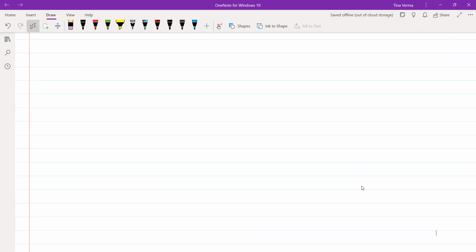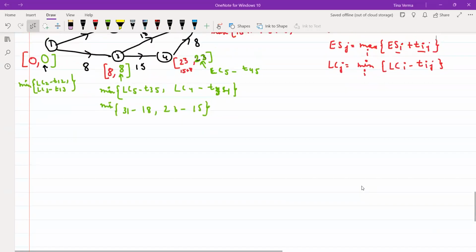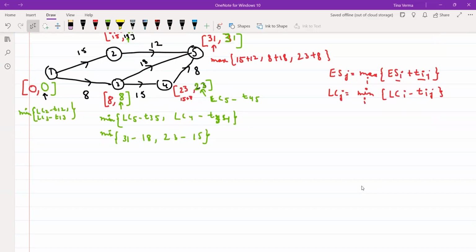That means suppose you are completing the project in 31 days, like this example, that we have a particular task and we are completing the project in 31 days. But if I say, can you complete this project in 28 days, right? Can you complete this project in 20 days? So for that, you need to do some calculations, right?